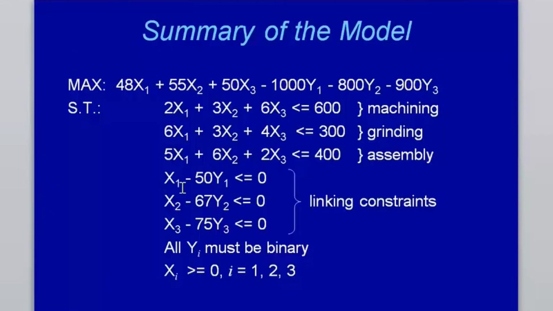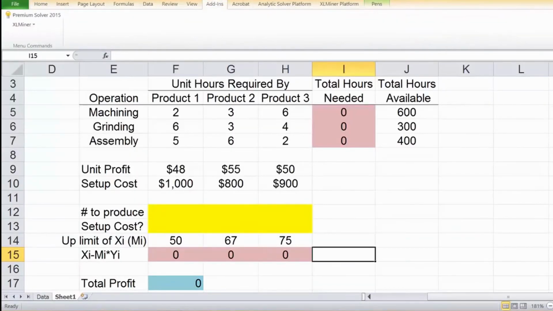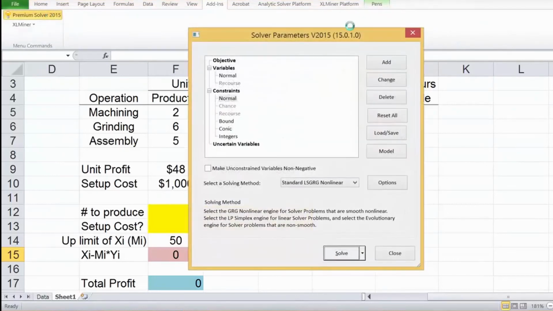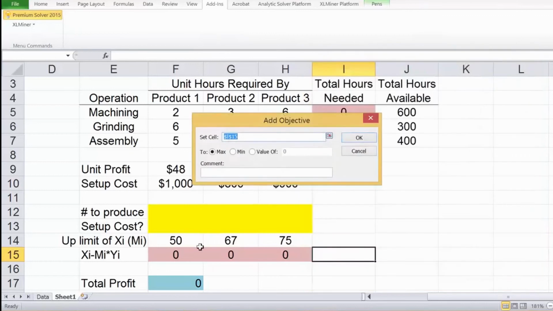Now we took care of these constraints, and what will be left is the xi's being integers, the yi's being binaries, and the xi's being greater than or equal to 0. That needs to be defined in solver. So let's go to the solver. Objective is the total profit, and we want to maximize it.